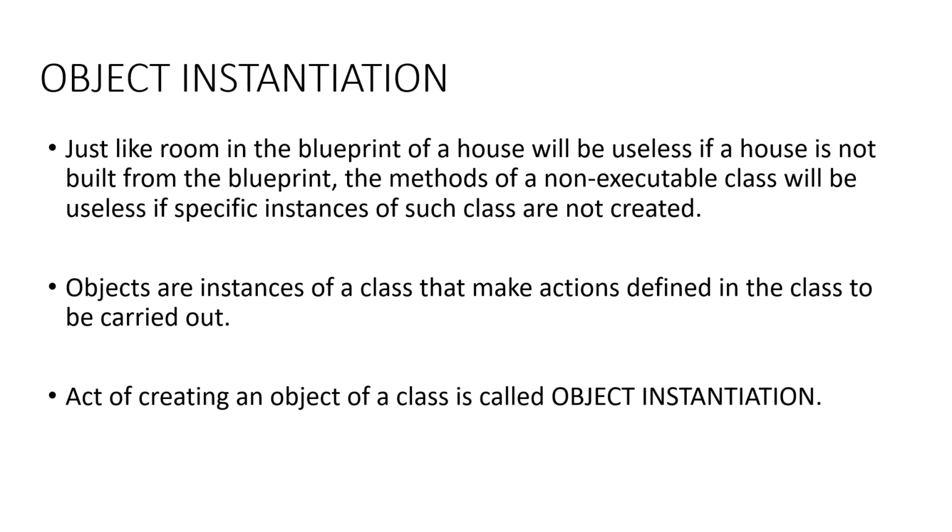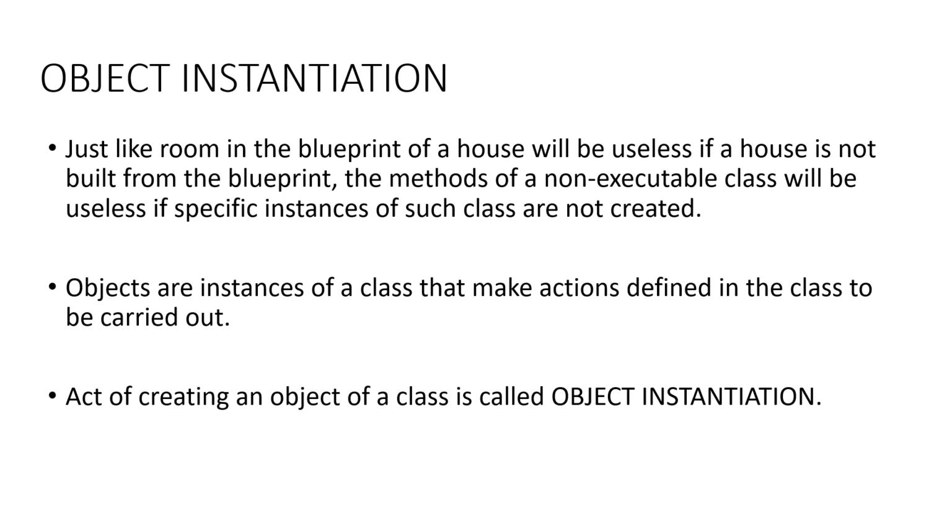Just like a room in the blueprints of a house will be useless if a house is not built from the blueprints, the method of a non-executable class will be useless if specific instances of that class are not created.